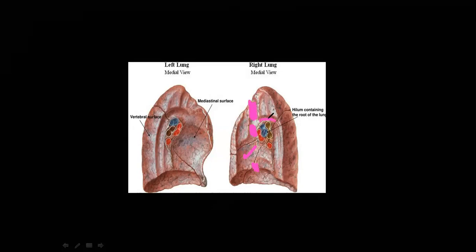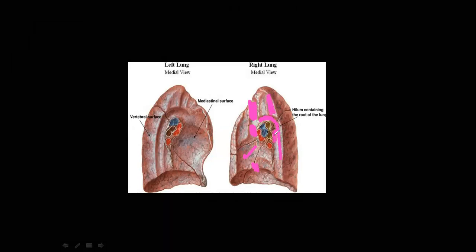Above the hilum directly, the arch of azygos. Behind it, the esophagus. And the esophagus also continues here. What is the structure here? Trachea.